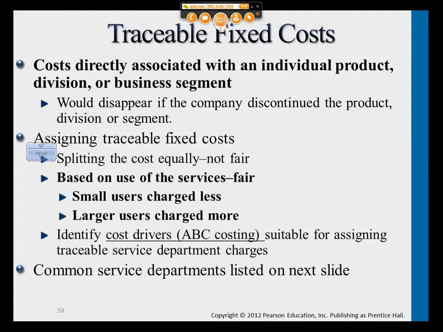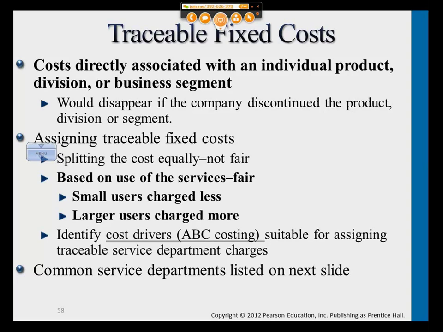So how would I assign those traceable fixed costs? First, if I were just to split throughout, that wouldn't really look fair, right? And more than just fair, it would make my accounting off, right? So what I'm going to do, I will probably split it based on usage, okay?